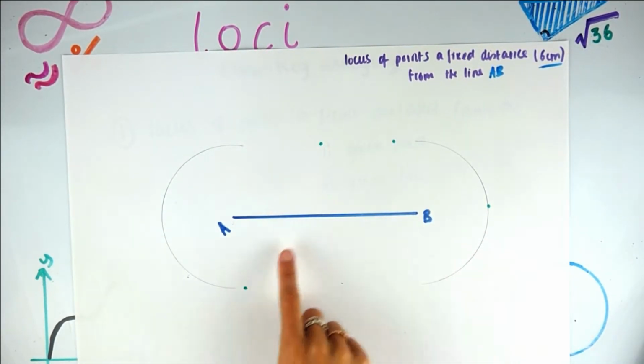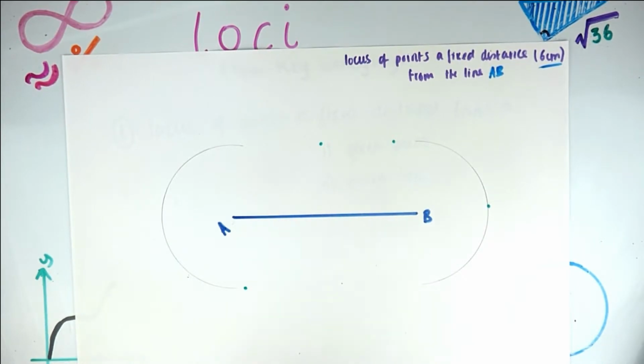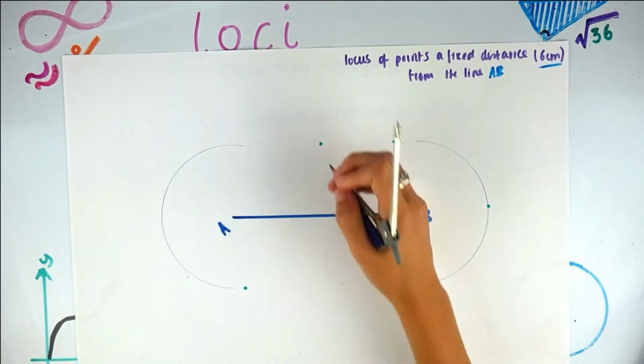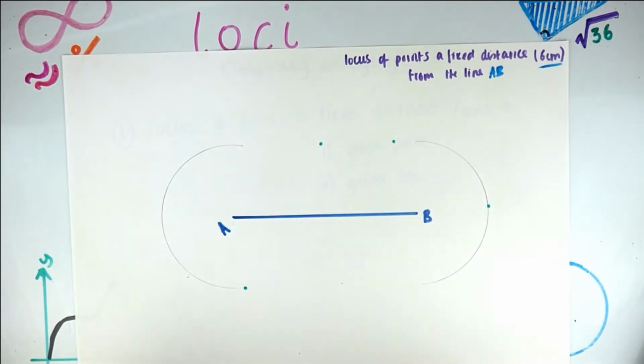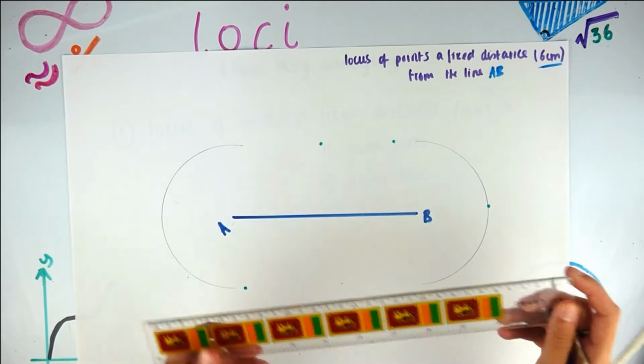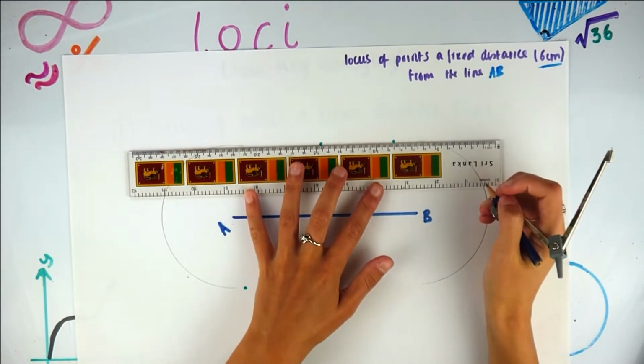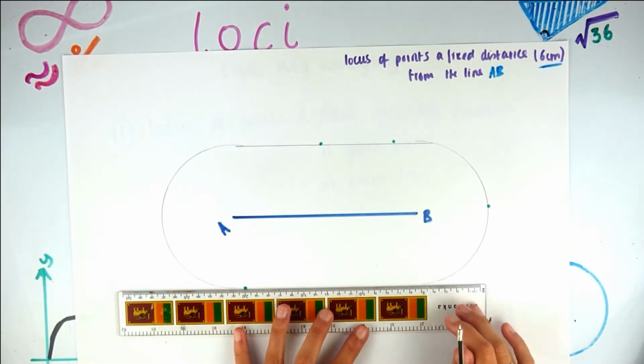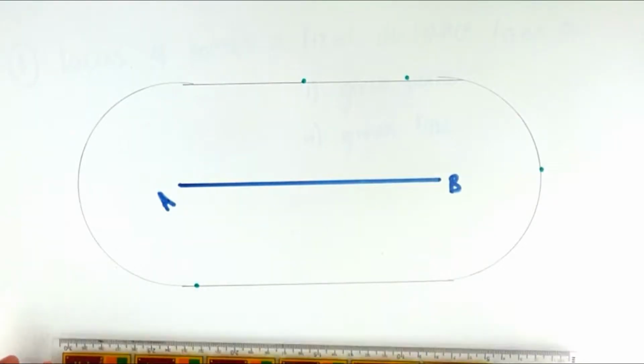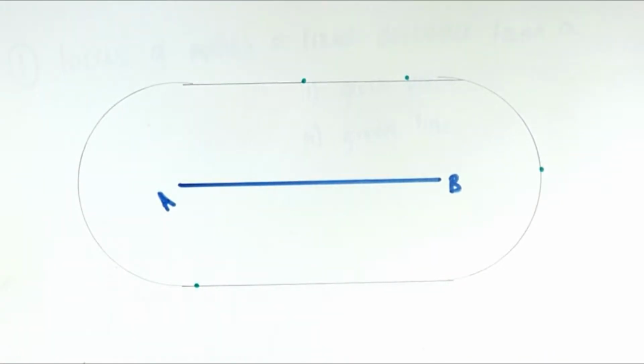These middle bits are simple because it's just like drawing a line, so you can find a point that is 6 centimetres away like we've done here, and then just draw a straight line because we have a straight line. So now we know that is what it looks like, a bit of a sausage.